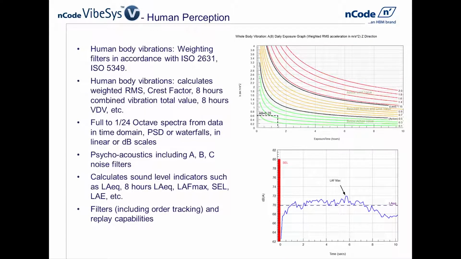So basically we are applying weighting filters to vibration signals, and we extract some indicators such as the RMS, the global weighted RMS, in various directions, the crest factor, the 8 hours combined vibration value, the 8 hours vibration dose value, etc. We can display an octave or third or sixth octave spectra from a time domain signal, or from a PSD or waterfall, in either linear or dB scales.